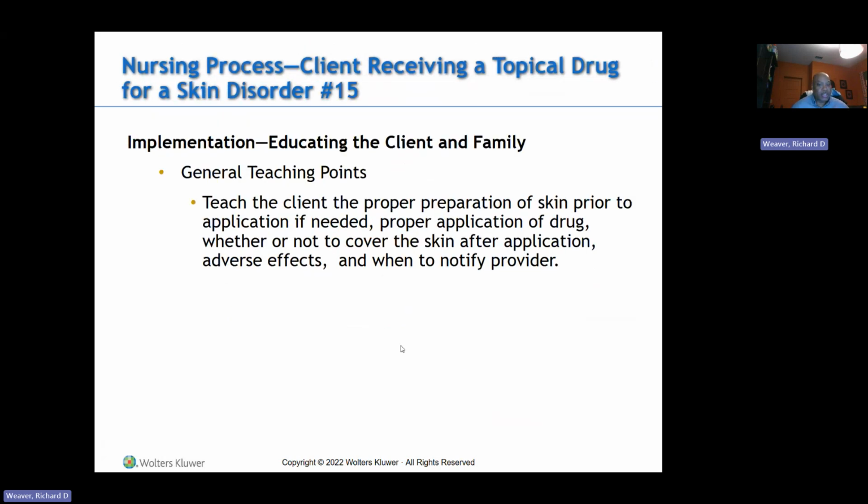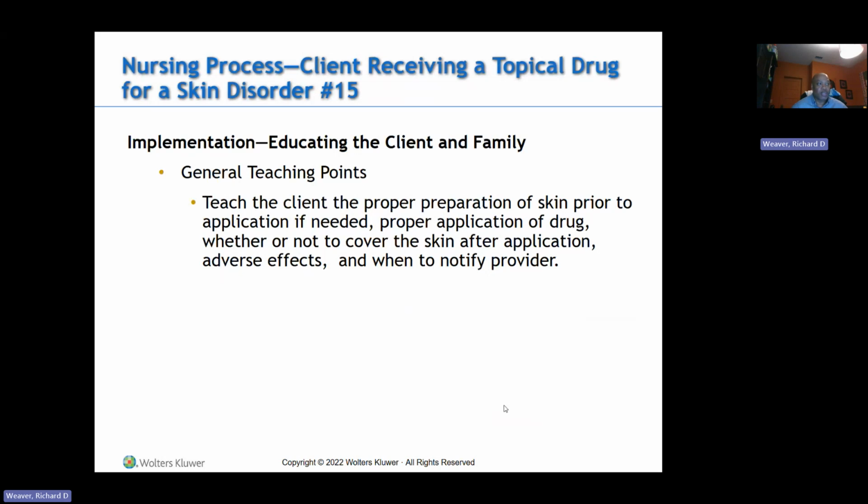The general teaching points here: we want to teach the patient the proper preparation of skin before the application of the medication. We want to teach them about proper application of the drug, whether or not to cover the skin with the application.